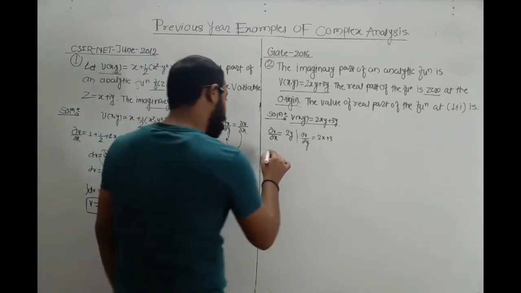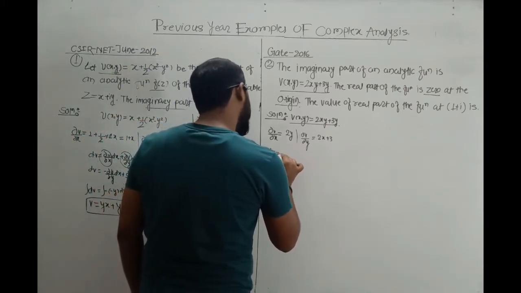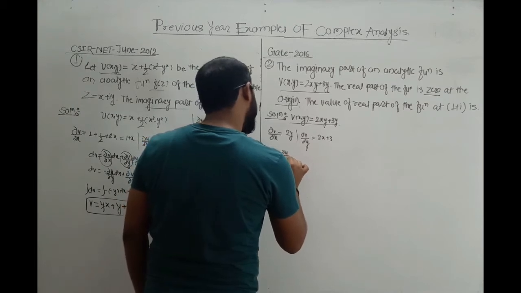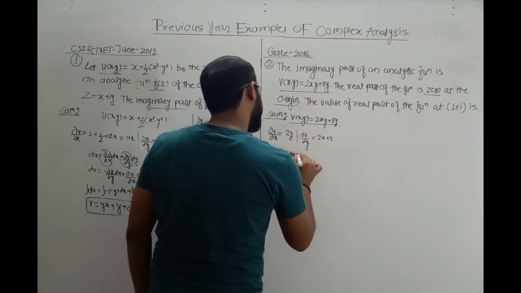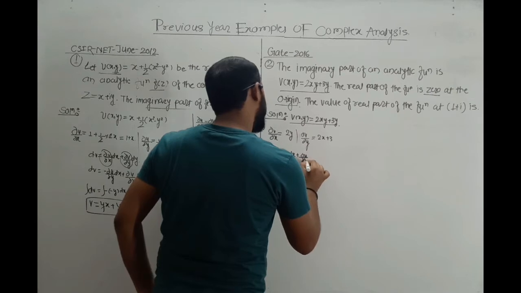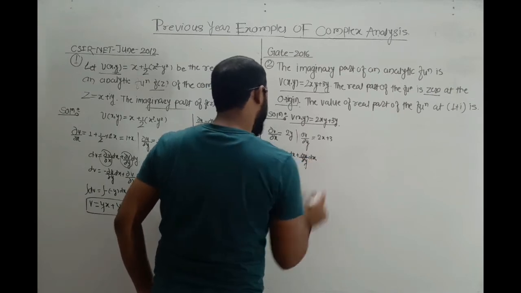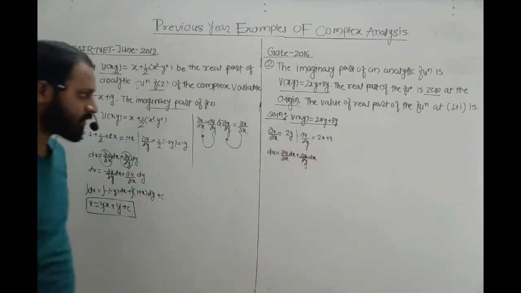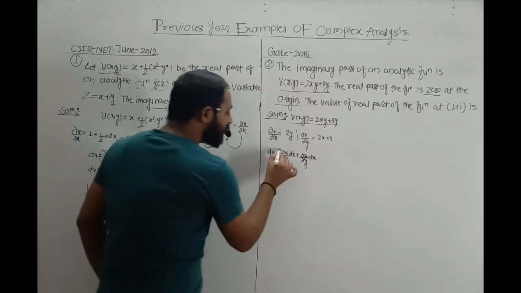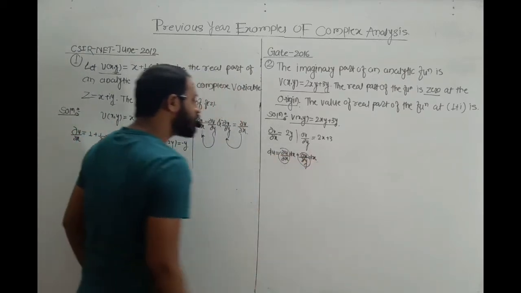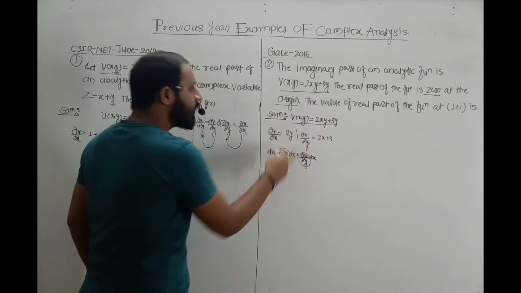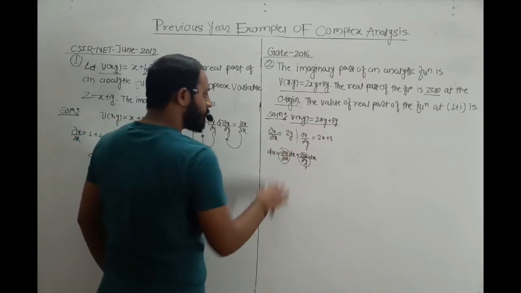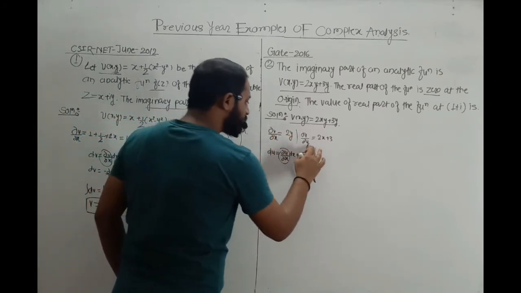अब देखिए, therefore du equals dou u by dou x into dx plus dou u by dou y into dy. Okay, this is the formula for the real part, but we don't have these terms because we have the imaginary part and we have the partial derivatives of the imaginary part with respect to x and y.